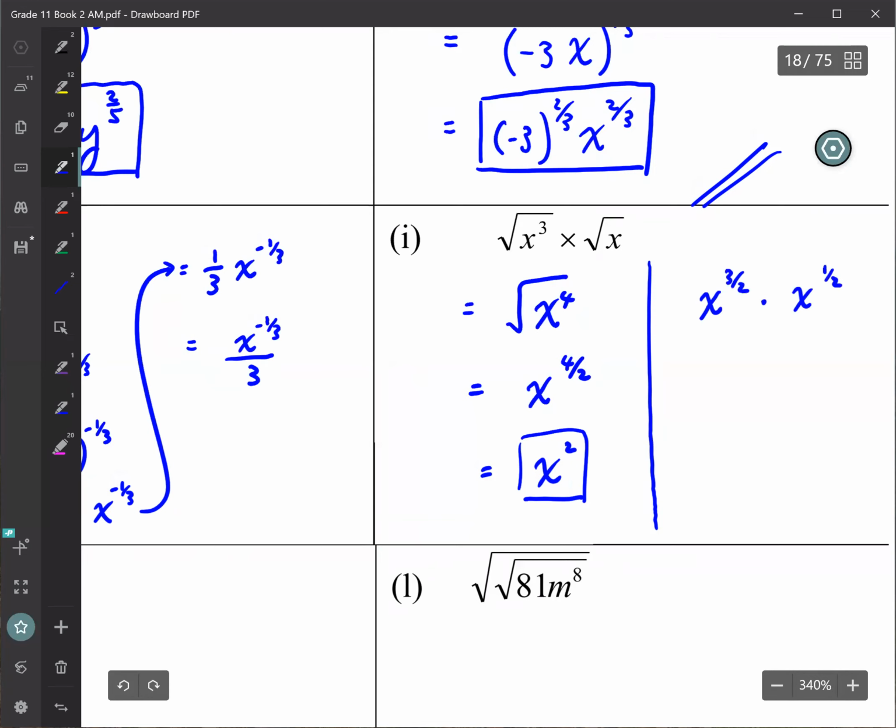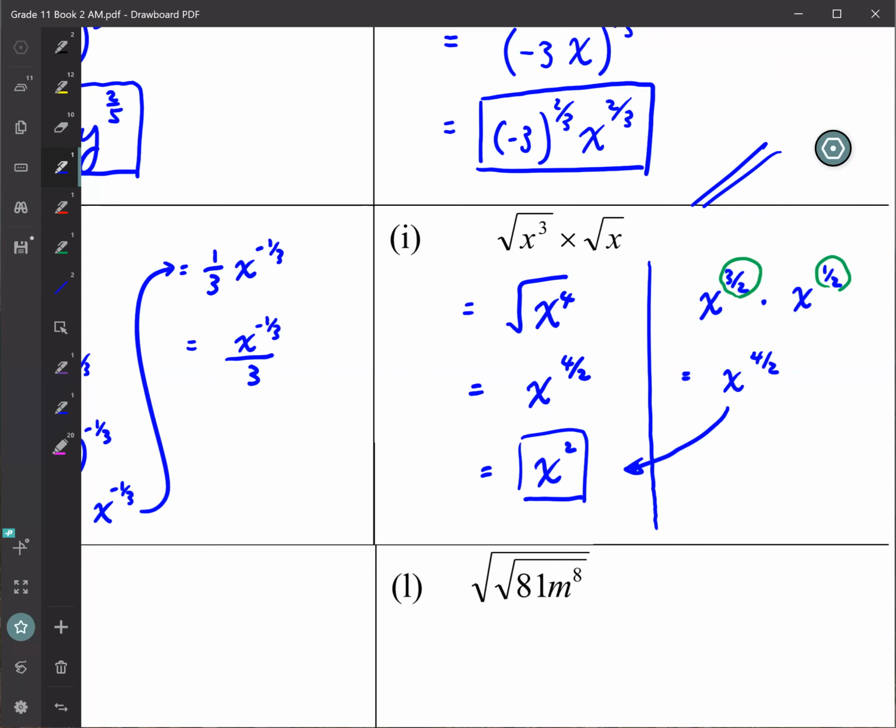So this is a different way. When you multiply the same base, you can add the exponents, right? These two exponents, you can add them up. So 3 over 2 plus 1 over 2, same as 4 over 2, right? So it still leads you to the same answer. So either way, okay, you will end up the same.